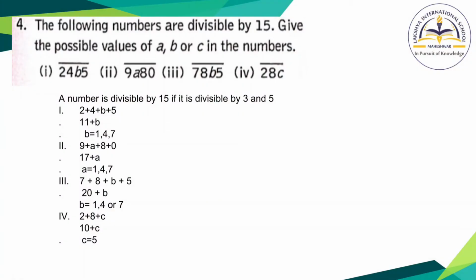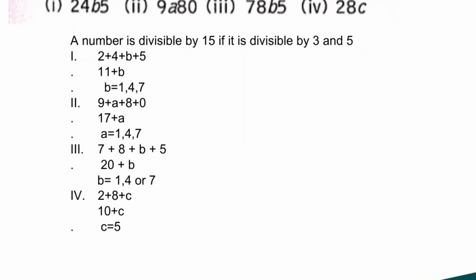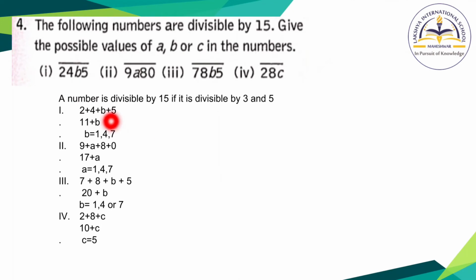Now question number 4: the following numbers are divisible by 15. Give the possible value of a, b or c in the numbers. Now again you have to find the value of a, b and c. So the first question is 24b5. A number is divisible by 15 if it is divisible by 3 and 5. So we have to check whether the number is divisible by 3 and 5 or not.